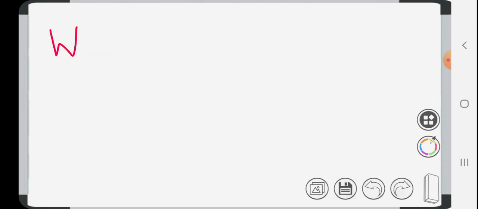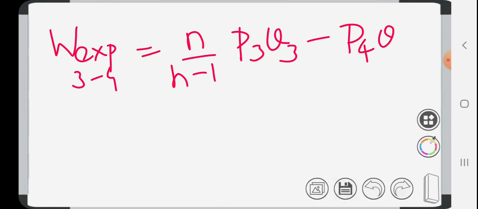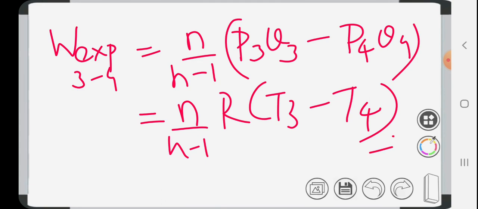Similarly, work of the expander is nothing but 3 to 4. It can be written as n by n minus 1 into P3 v3 minus P4 v4, that is equal to n by n minus 1 into R into T3 minus T4. Keep it as equation number 2.